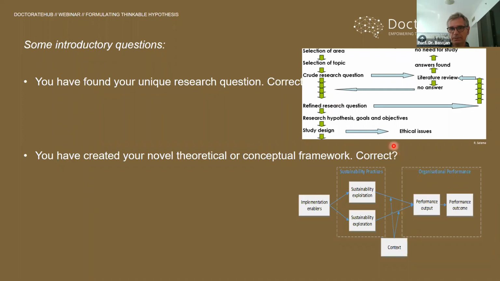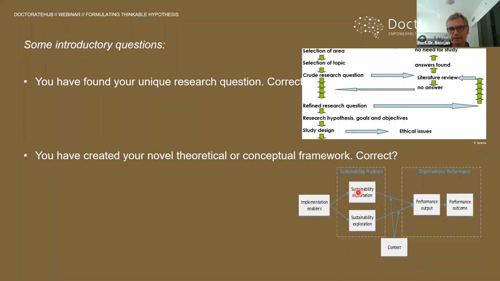I hope you have, because based on that you will follow much better what we are discussing right now. So you have your conceptual framework. That's one picture of a framework I'll be using today in order to explain some of the things. Now is the time to think about the hypothesis.